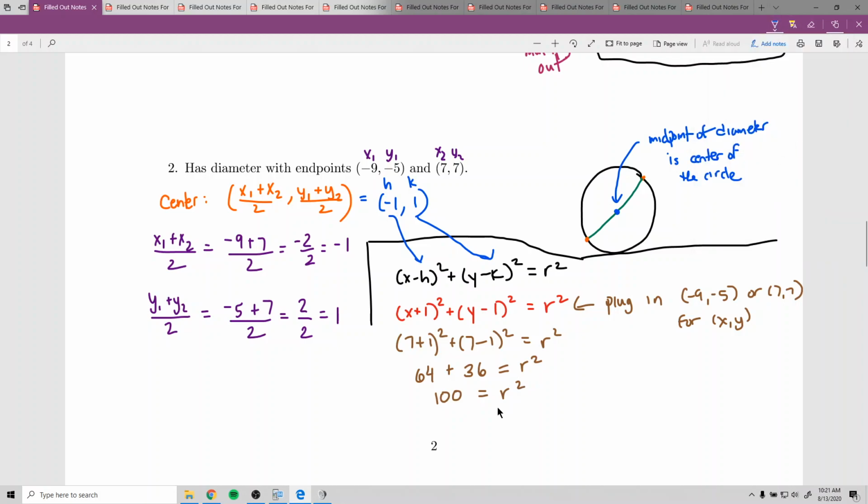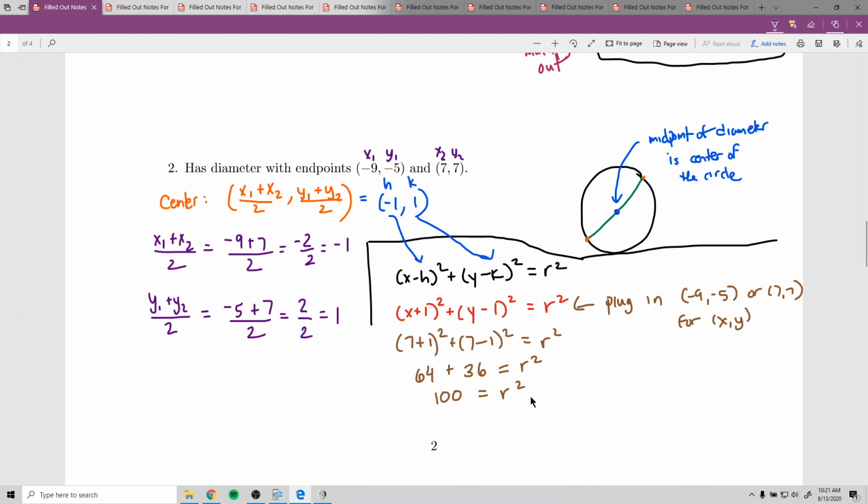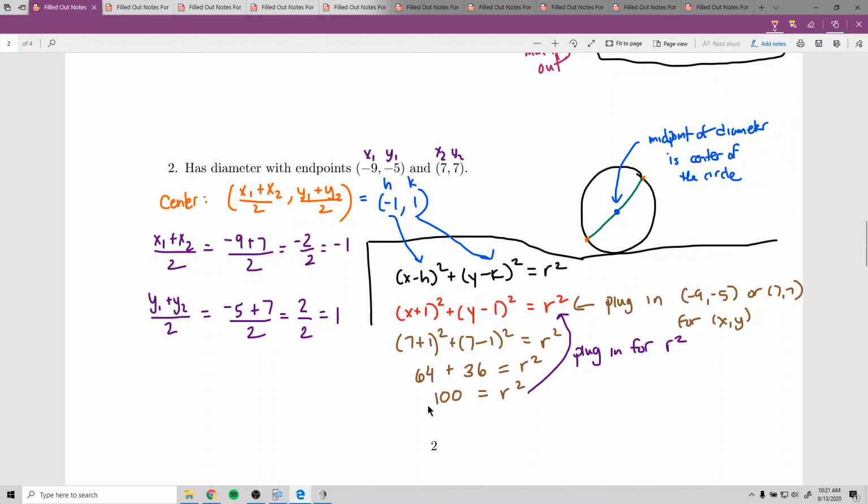Now you don't actually have to find r unless the question asks for r because your formula has r squared in it. So we can actually just plug in for r squared here. You don't need to figure out r. You can see that r is 10 because we do the square root, but we don't actually need it. All we need to do is plug that in.